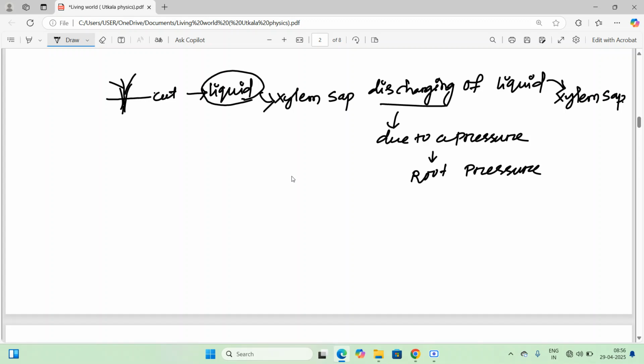Why is the pressure known as root pressure? Because it is created in the root part. This term was coined by Stephen Hales. Root pressure, term coined by Stephen Hales.